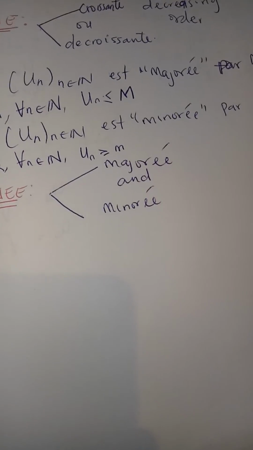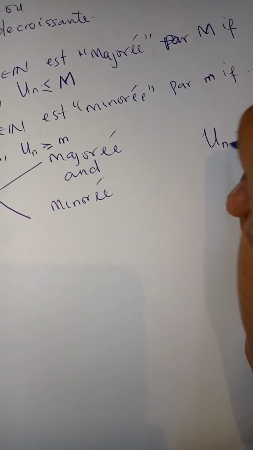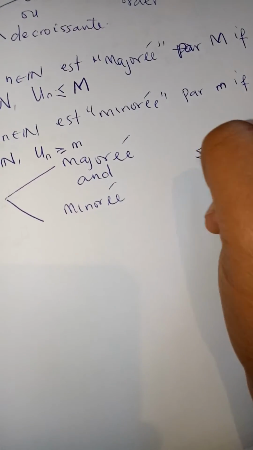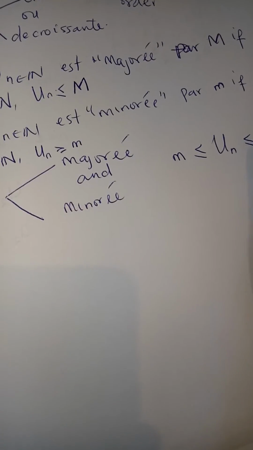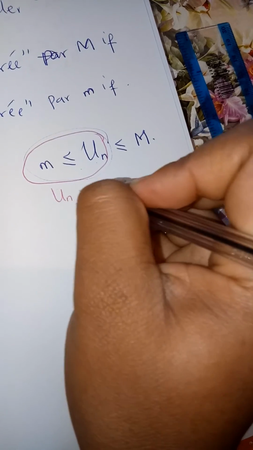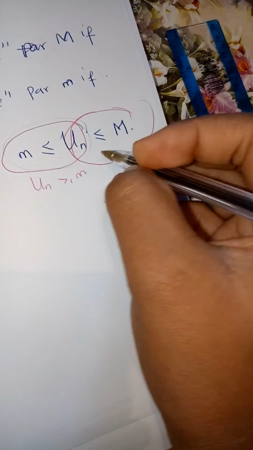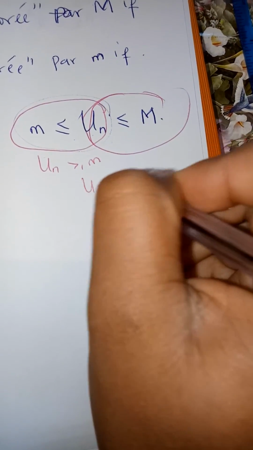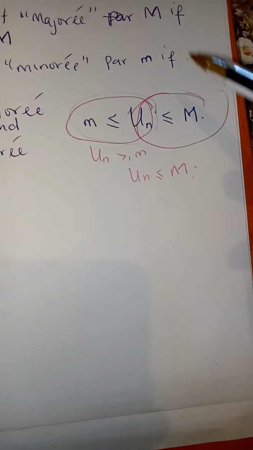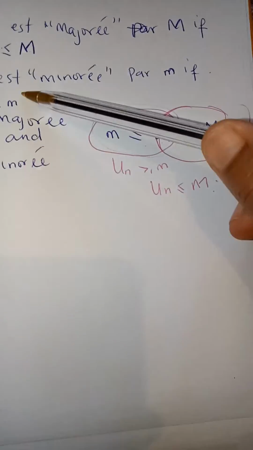That's just the definition. That is to say, Un is compris entre petit M et grand M. Because if I do this partition, the first part will give me Un greater than or equal to M, then the other side will give me Un less than or equal to M, which is the definition of majorée from here, and this is the definition of minorée from here.